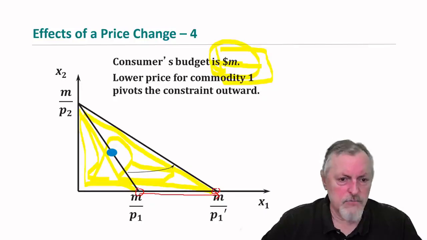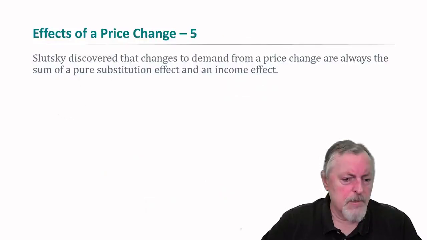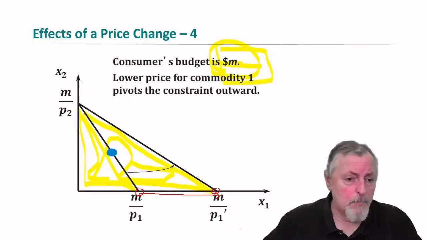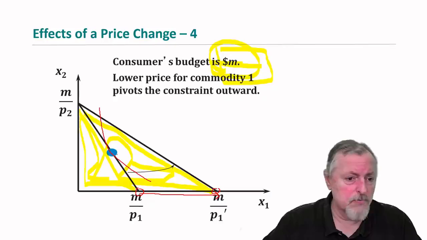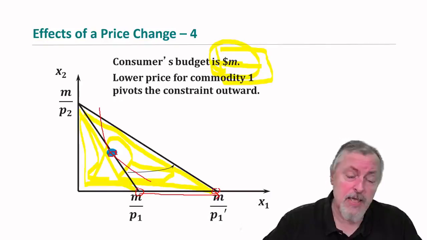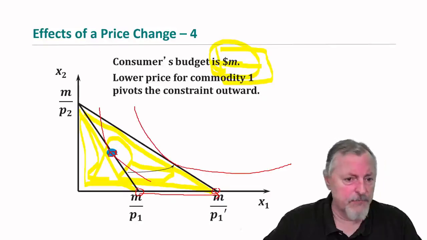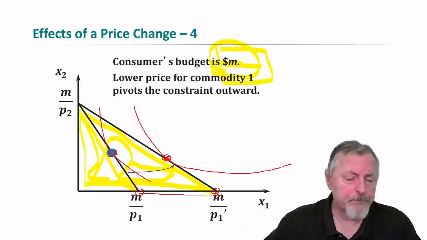Okay, so if this happens, you're going to re-optimize, obviously. Let's say you were on that indifference curve and you optimized there. Now you're on this new budget line and, let's say there's some sort of indifference curve there, and you'll re-optimize to some new point on a higher indifference curve.